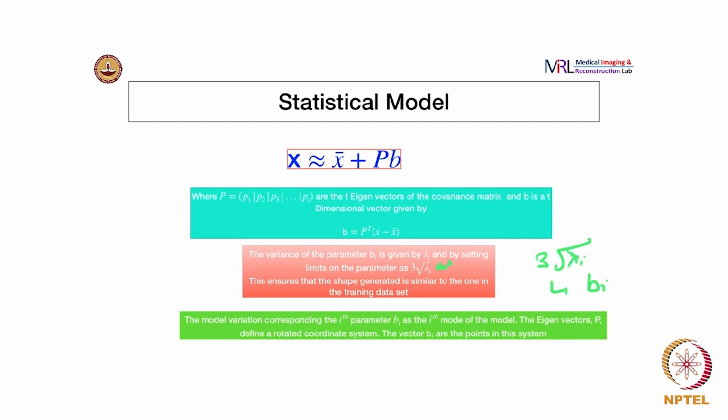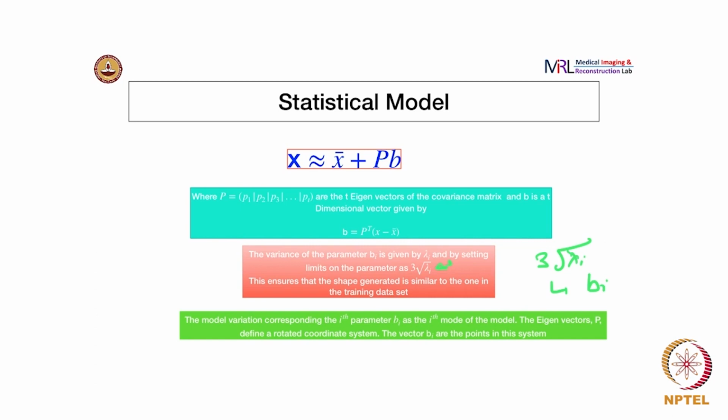This also tells you a drawback or constraint of the method, because this 3 square root of lambda i comes from the original data, which is our x and y coordinates. What it means is that you cannot have shapes that are too different or outside the bounds described by your training data. If you have an extreme version of your shape, however you qualify extreme, this method will not work.